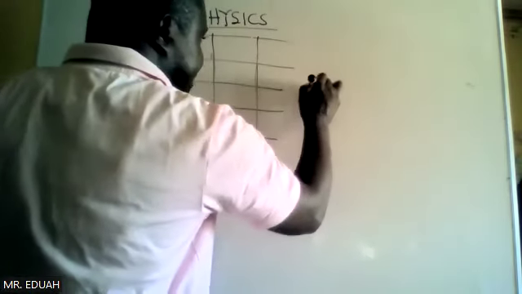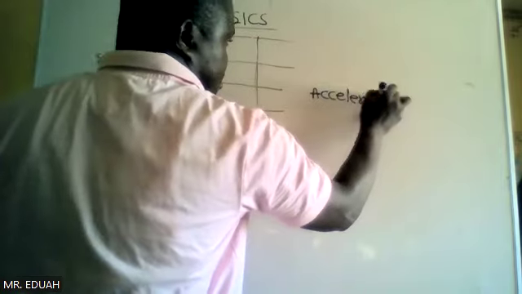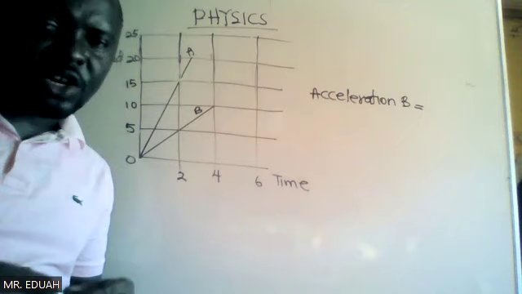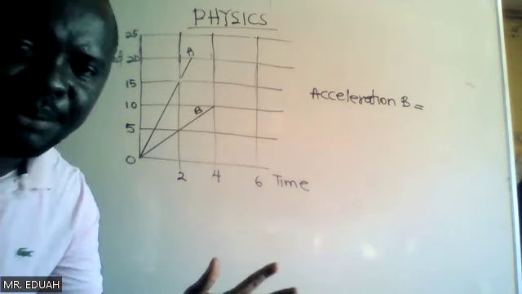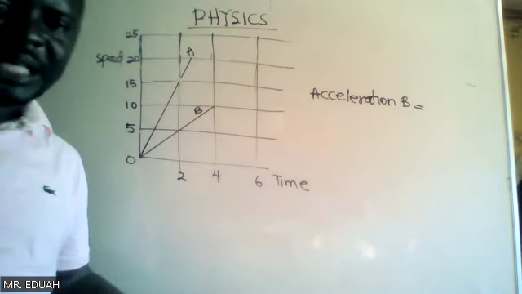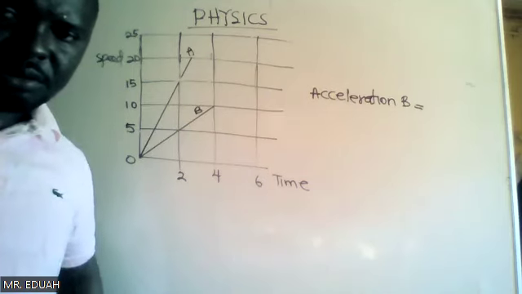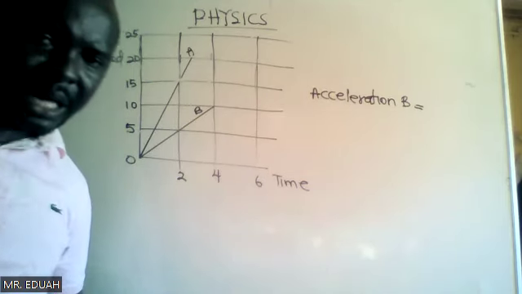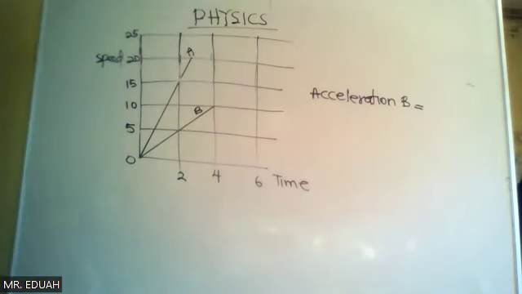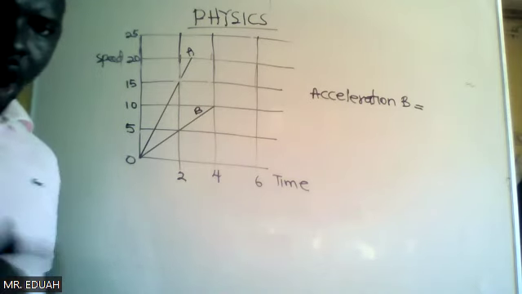So acceleration of B. On a speed time graph or velocity time graph, how do we determine the acceleration, class? Yes, Paulette. Change in velocity over change in time. Good.